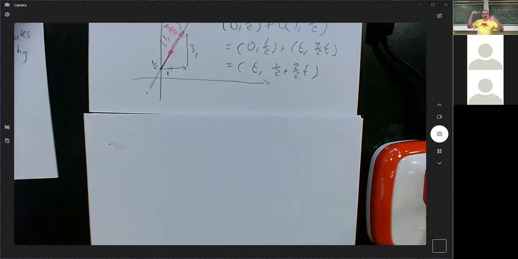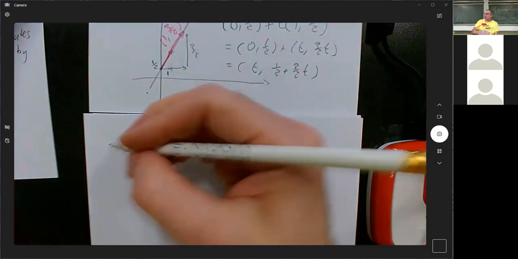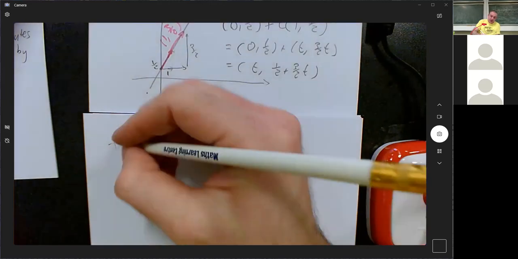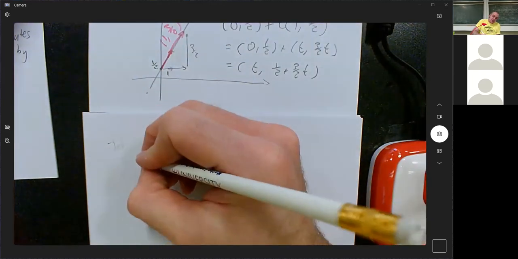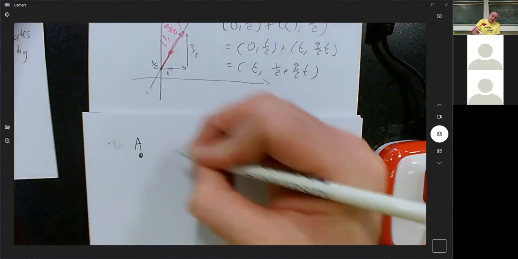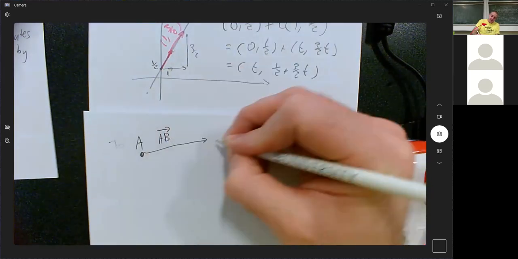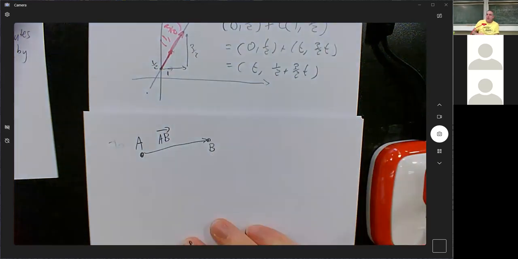So I'm going to have to step back and do something else. Just want to point something out, is that location plus journey equals new location.